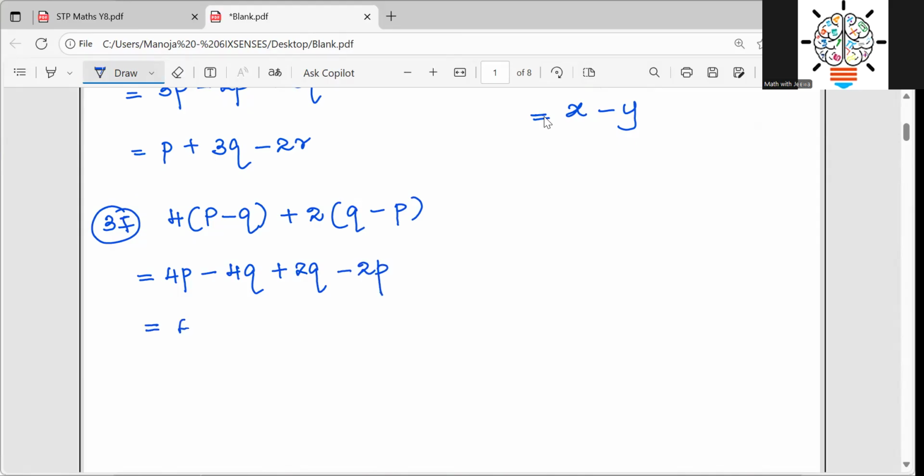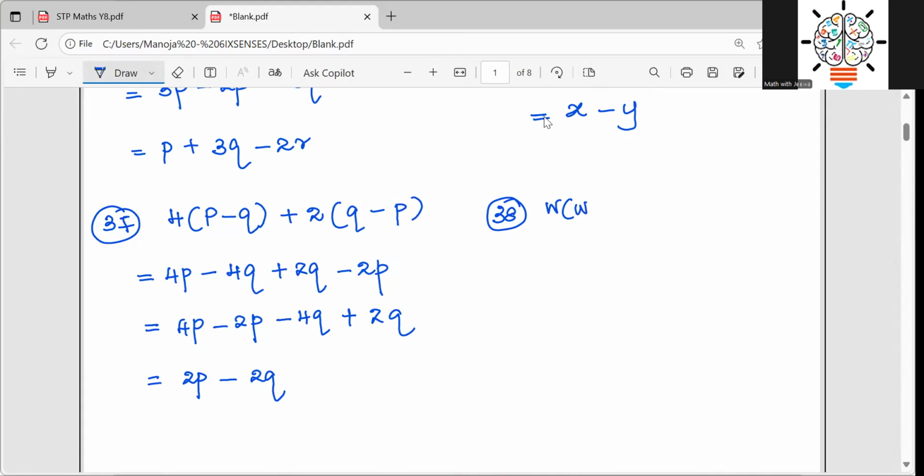So then I write the like terms like this: minus 4q plus 2q, and 4p minus 2p is 2p. Minus 4q plus 2q is minus 2q. So 4p minus 4q, 2q minus 2p, and 4p minus 2p is 2p. Yeah, correct. So then 38.